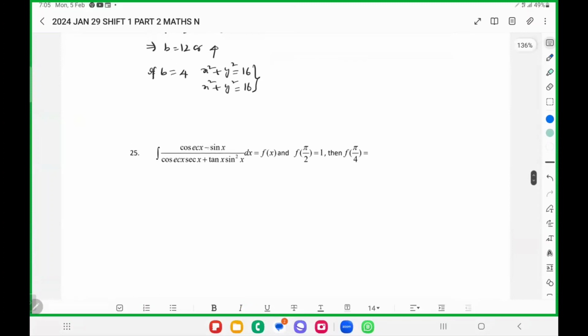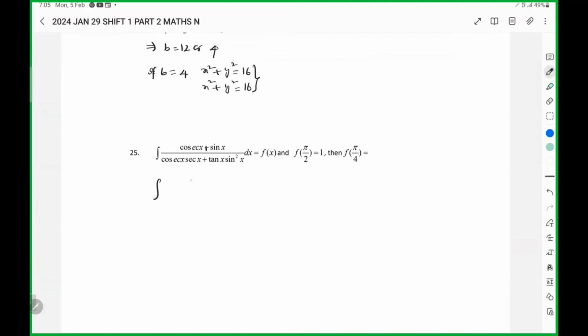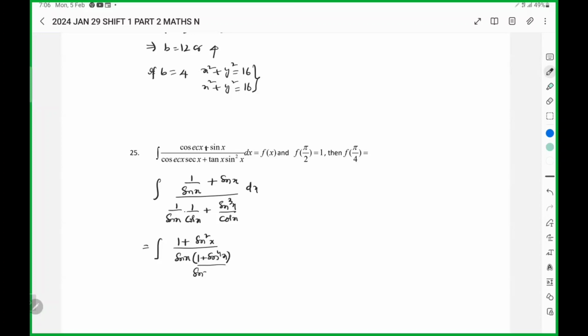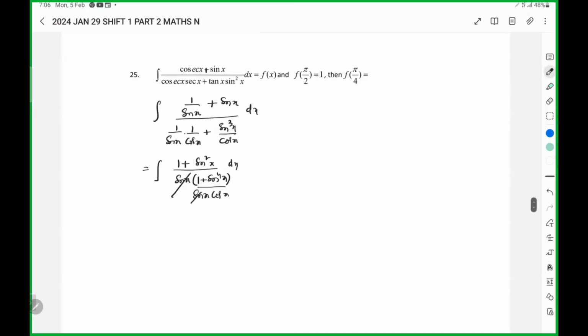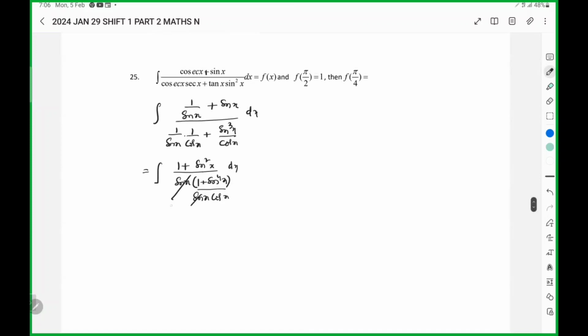This one is the integral of cosecant x plus sin x, that is 1 by sin x, and sin cube x by cos x dx. 1 plus sin square x by sin x, 1 plus sin power 4x by sin x cos x dx, which is 1 plus sin square x into cos x by 1 plus sin power 4x dx.